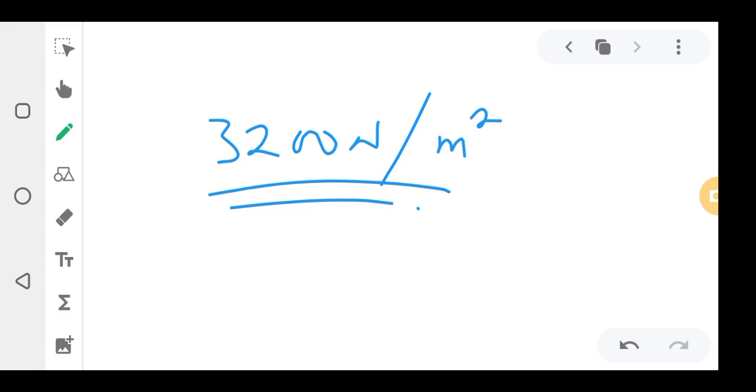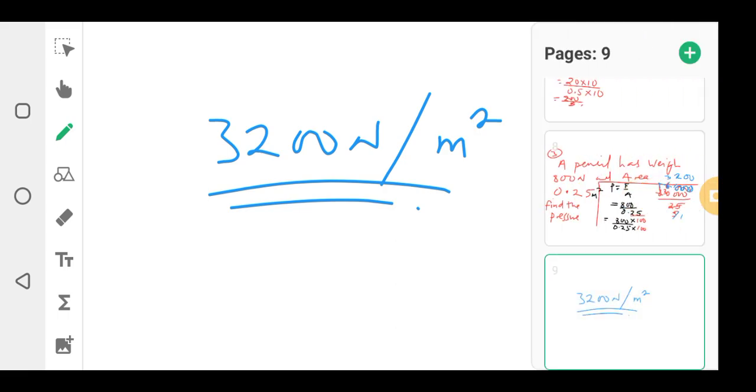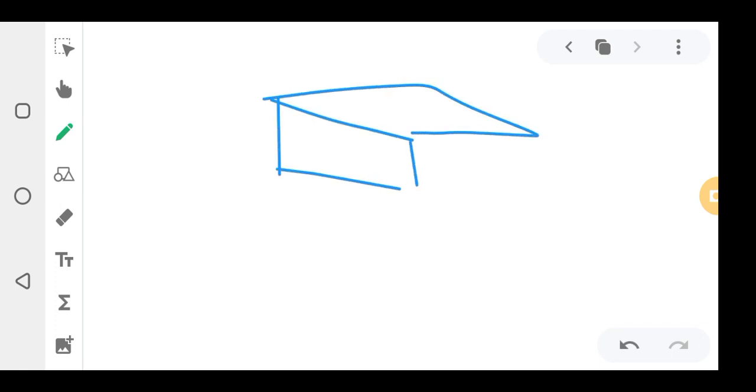So it just goes on like that. Sometimes they can even give you a shape. They can even give you a thing like this. Okay, and then they say this is 2, and then maybe this one is 4. Those are the distances: 2 centimeters, again another 2 centimeters, and then here 4 centimeters.